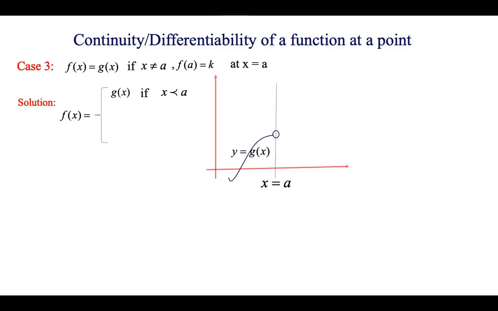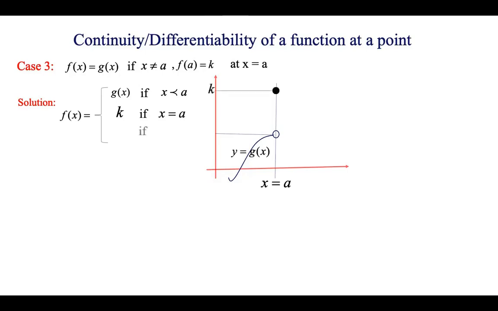At x equal to a, that function has a hole for that function g of x piece. Therefore, I am denoting it with a small hole there, a small circle there. And at x equal to a, the function value is given as k. So I am denoting that with a point. The function value is denoted with k.